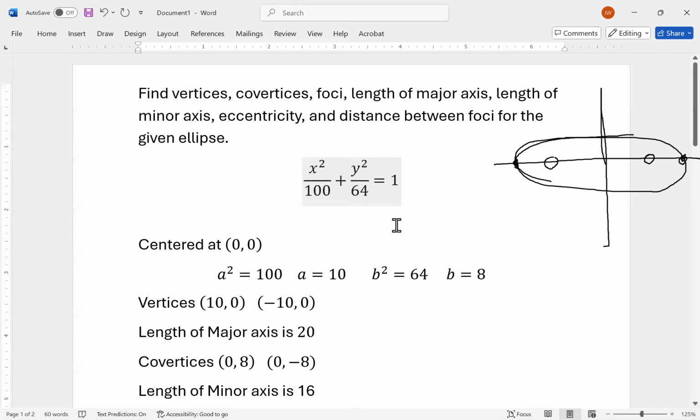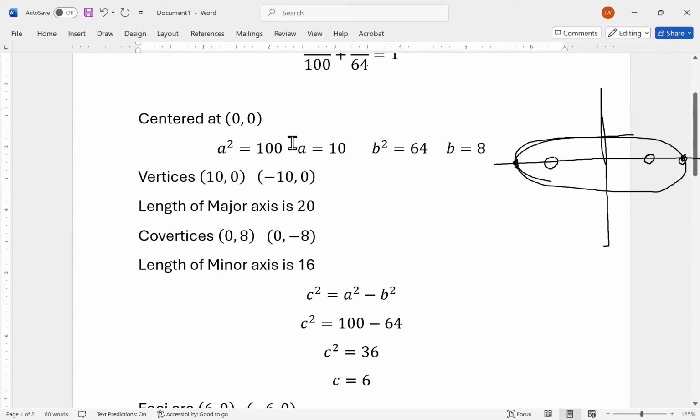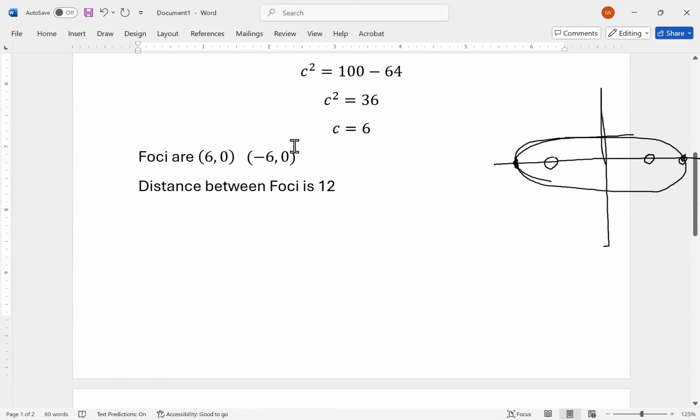And then the only other thing it asks me for is the eccentricity. The eccentricity is c over a, which in this case is 6 over 10, which is 0.6. Notice that the eccentricity for this ellipse was a number between 0 and 1.